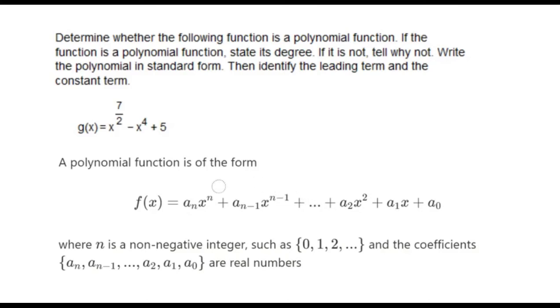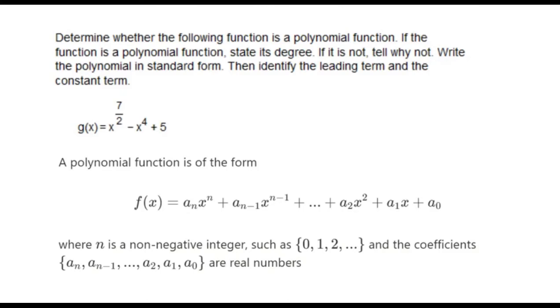And the pattern that we're supposed to be looking at is that we had a power of n on the first term, and the next term has a power of n minus 1, so 1 less than the one before. And we continue that pattern until we get down to a power of 2, then a power of 1, and then no variable, which is a power of 0.